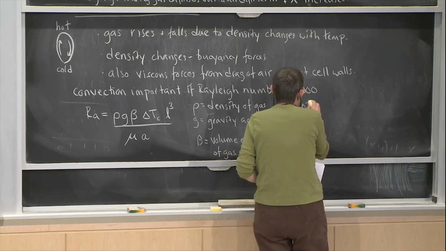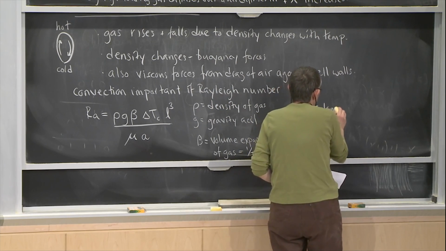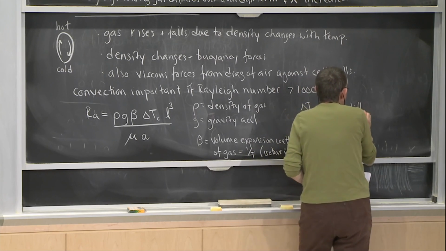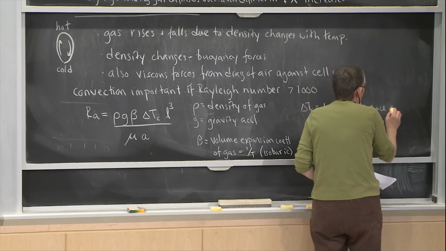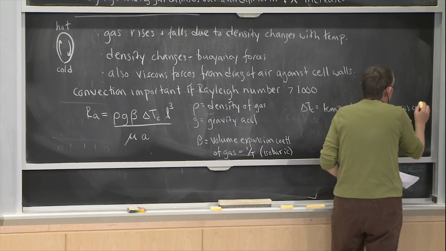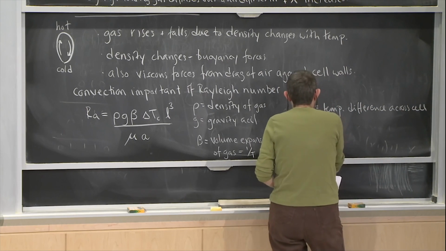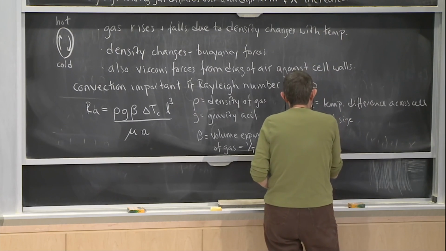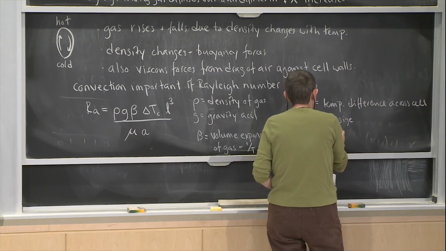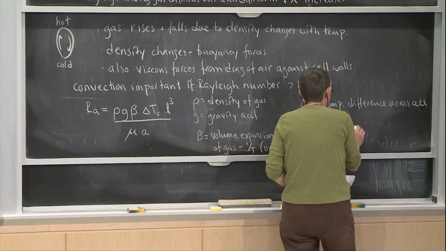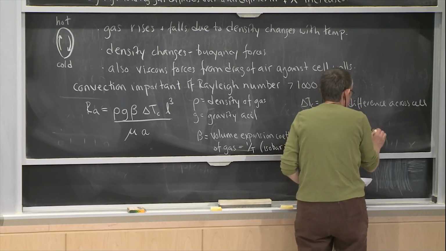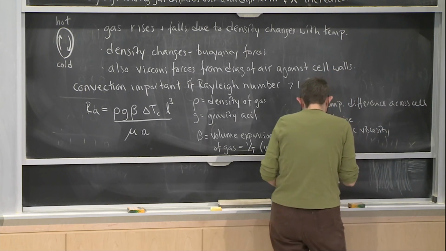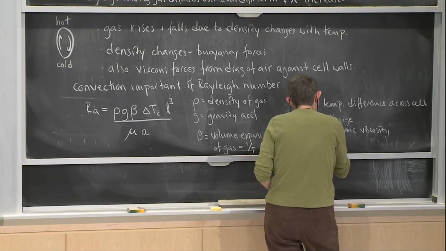Then delta Tc is the temperature difference across a cell. And L is the cell size. And mu is the dynamic viscosity of the fluid. And a is our thermal diffusivity.